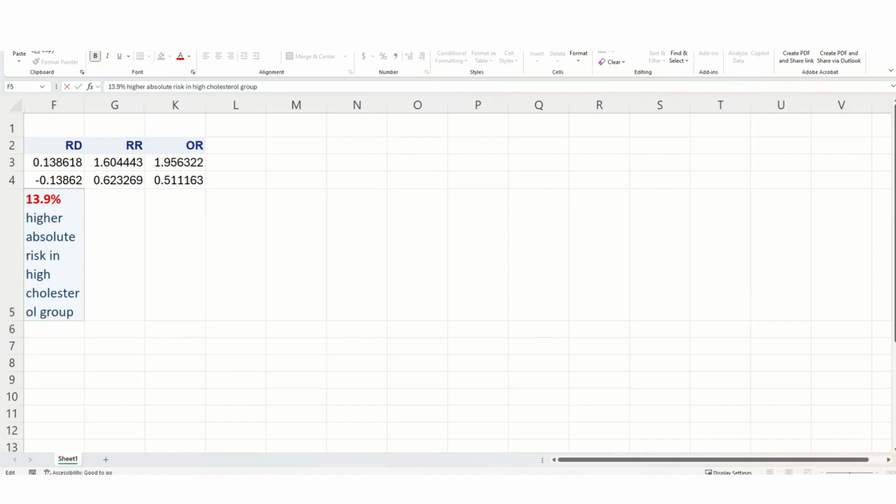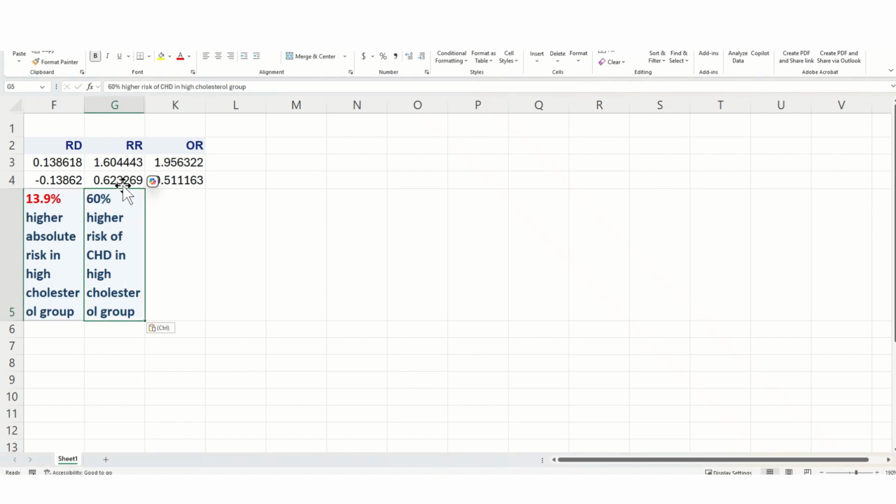Okay, and the way relative risk is interpreted is as follows. I'm going to paste the value here, 60%. So the relative risk of developing chronic heart disease among high cholesterol individuals is 60% higher than that of normal cholesterol individuals. And when it comes to odds, this is how we are gonna interpret. I'm just gonna paste it here.